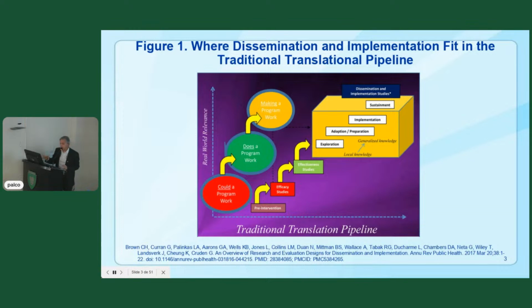So this is a very nice encapsulation of all that it takes to do implementation and dissemination. You can never separate them. So that's why some of the designs I'm going to cover, it's just a survey of those designs, do a little bit of either efficacy or effectiveness while they're trying to explore and understand what impedes or enhances adoption, preparation, implementation and sustainment.